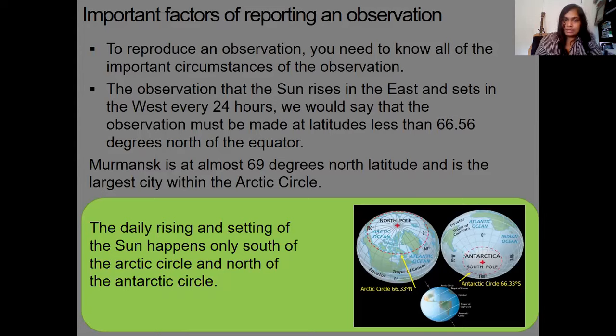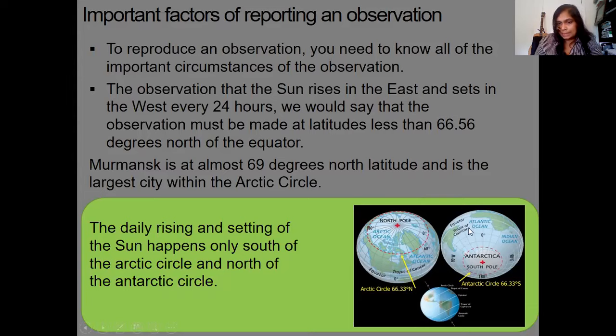The daily rising and setting of the sun happens only south of the Arctic Circle and north of the Antarctic Circle. If you look at this Earth globe, this is the Arctic Circle, at 66.33 degrees north, and this is the Antarctic Circle, at 66.33 degrees south.